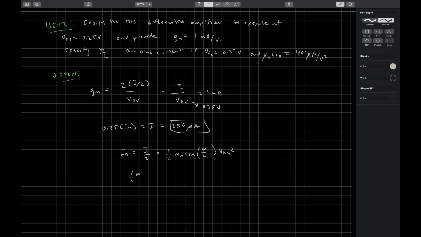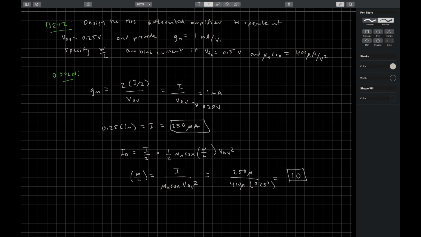So the width to length aspect ratio is I divided by mu n Cox V overdrive squared. And if I plug in values, that's 250 microamps over 400 micro, and this is 0.25 quantity squared. And when I do that, I get 10. So that's the ratio that I'm looking for.